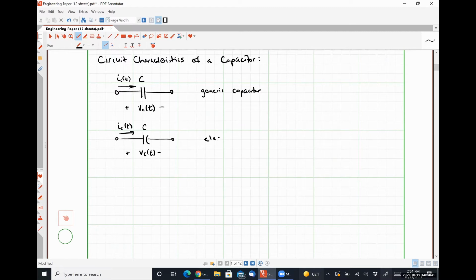And this is what's known as an electrolytic or polarized capacitor. So the difference between these two things is pretty simple.